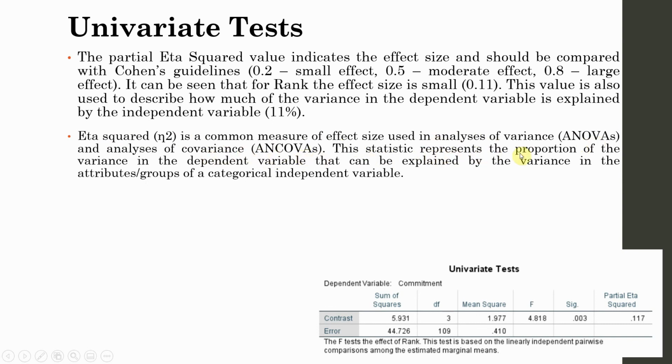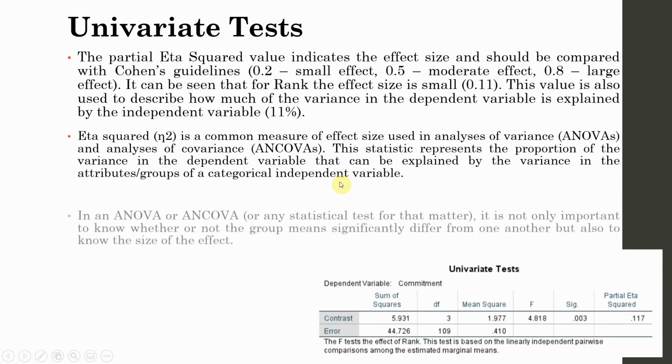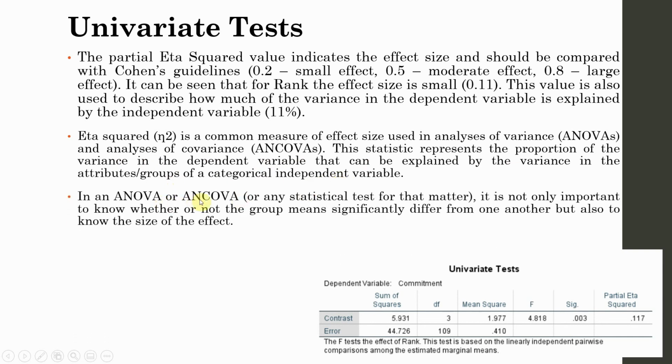This statistic represents the proportion of the variance in the dependent variable that is explained by the attribute groups of the categorical independent variable. In an ANOVA or ANCOVA or any other statistical test, it is not only important to know whether or not the group means significantly differ from one another, but also to know the size of the effect. And in this case, the size of the effect is pretty small.